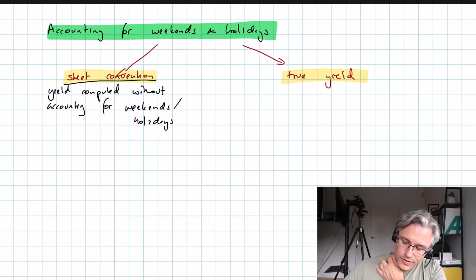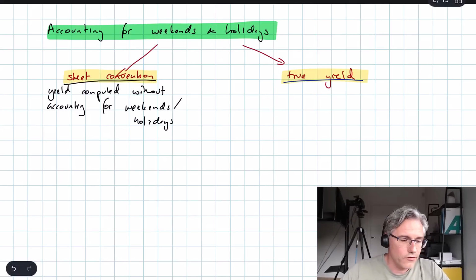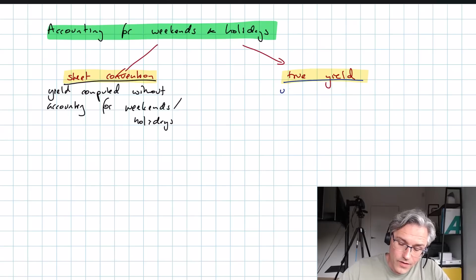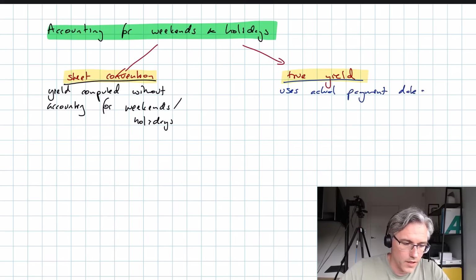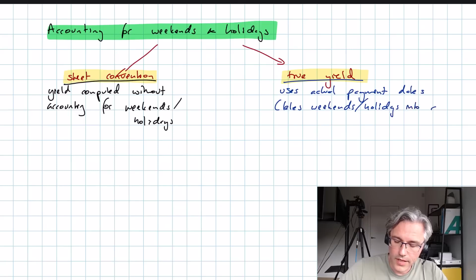Whereas under the true yield approach or convention, this one uses actual payment dates. So it takes weekends and holidays absolutely into account.